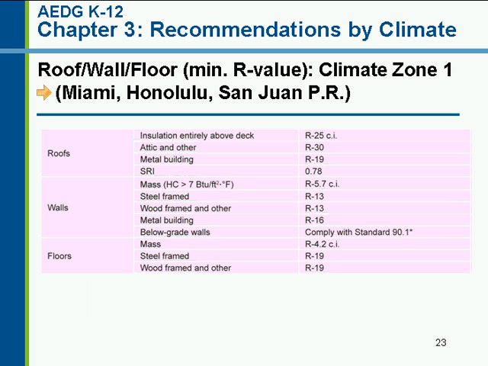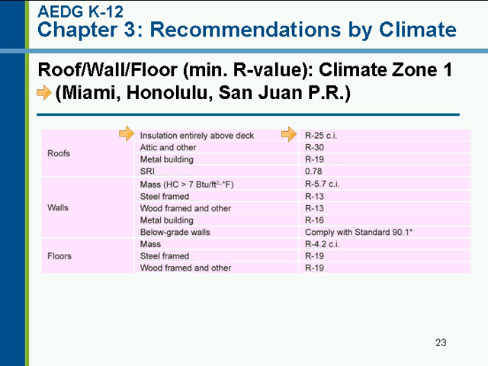This is the minimum insulation R value. So, for example, you see if the roof has insulation entirely above deck, which is quite common for most commercial buildings with flat roofs, you need R25 insulation, and it needs to be continuous insulation.